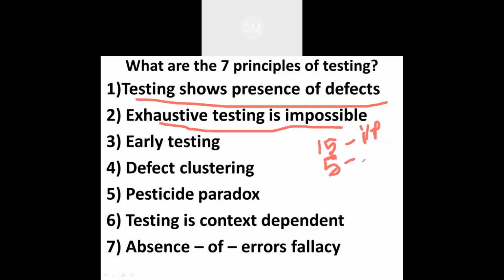Five possible values. So if I want to test these values for the particular field, I get 5 raised to 15 combinations that I need to test, which we can apply on a single field. For example, username and password.